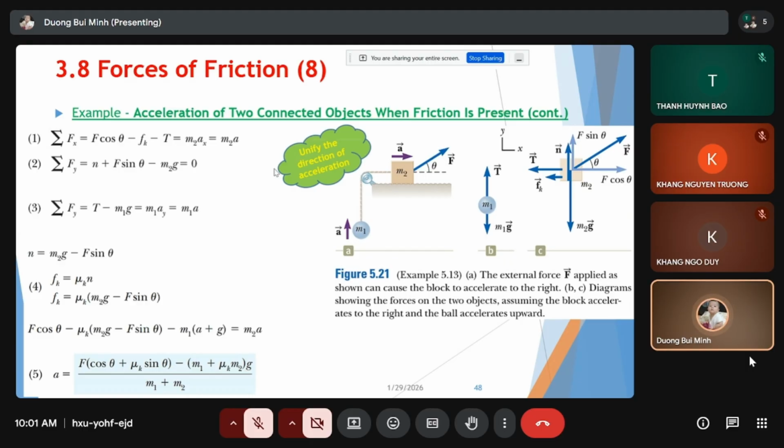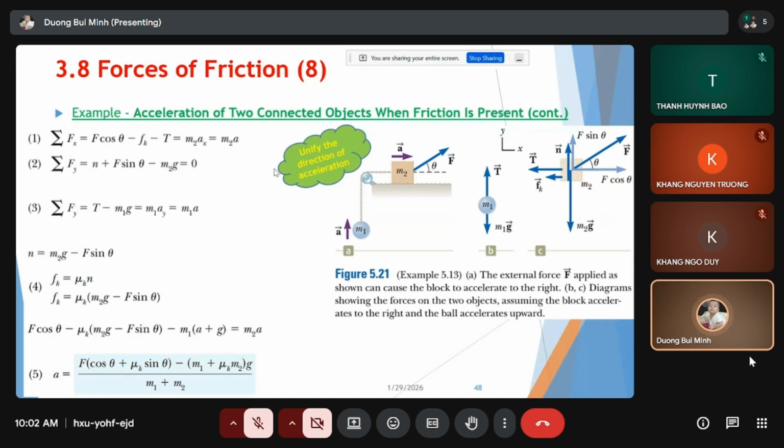So you can get tension force minus M1 G equals M1 A. This is equation number 3. For example, for the final expression, you get 10%, and if you get this equation correct, you get 1% or 2%, maybe. I don't know, it depends on the TA.